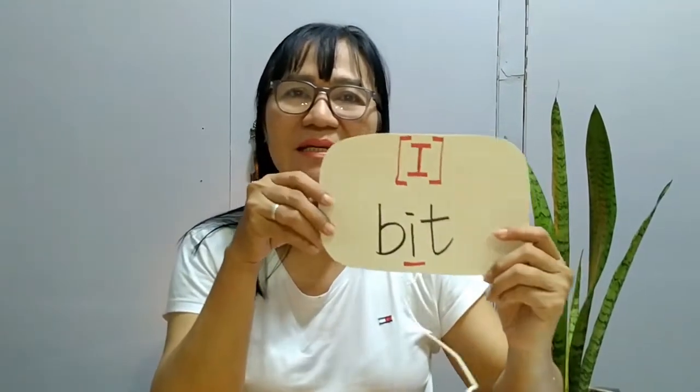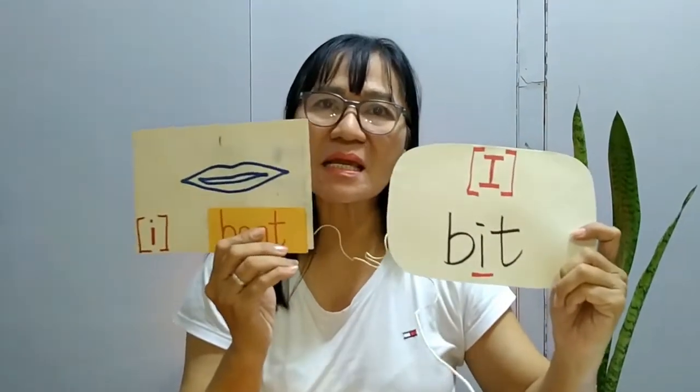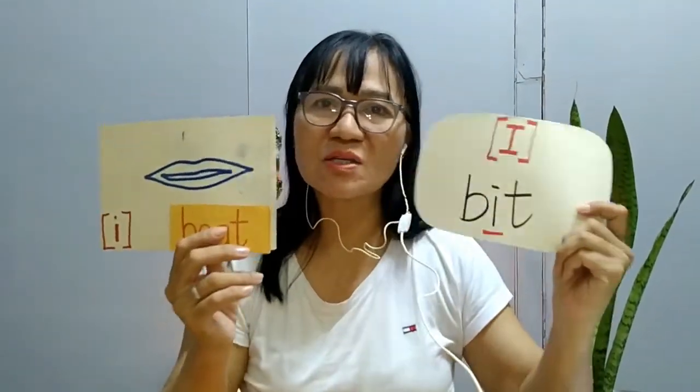So let us give one sample. Everybody say beat. Say beat. So this is your E sound. Next, the counterpart of the long E is the short I, just like, for example, in the word bit. You do not say this one the same as the beat, because this is the beat, this one is the bit.